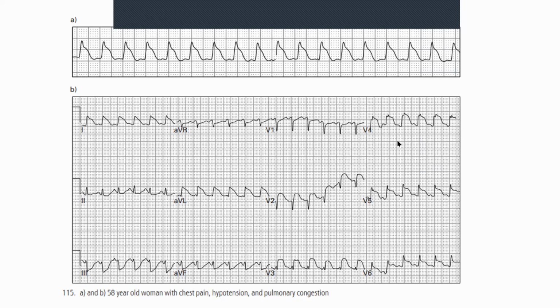When we come to V3, V4, V5, V6, leads 1 and AVL, we actually start to see what looks like ventricular tachycardia, which is what we're seeing here. But if we start following it, what we actually notice is that we've got a very elevated RS complex. Here you can see in V6 what would be like a normal ST elevation, and even in V5.